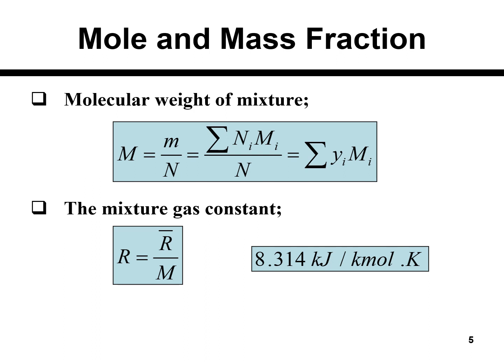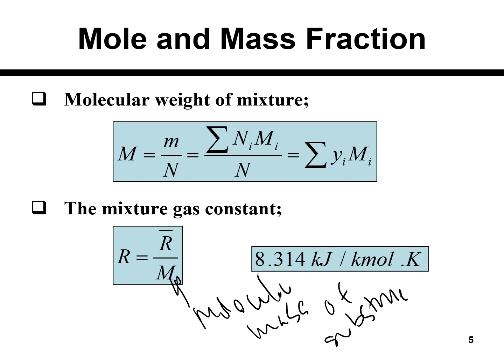The gas constant of the mixture is given by R equal to R-bar divided by the molecular mass of the substance. R-bar is the universal gas constant, with a value of 8.314 kilojoule per kilomole Kelvin.